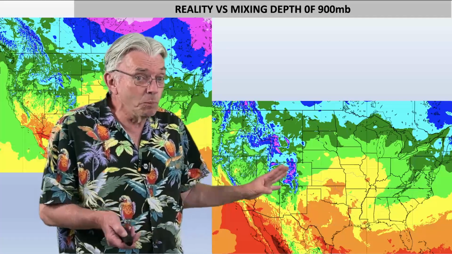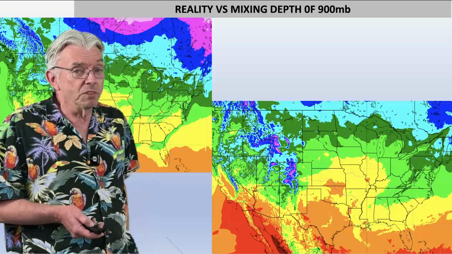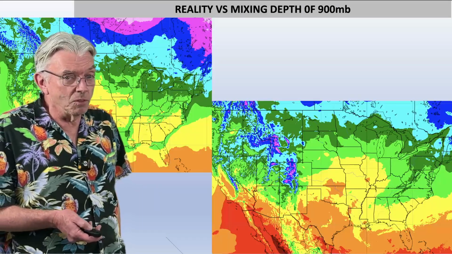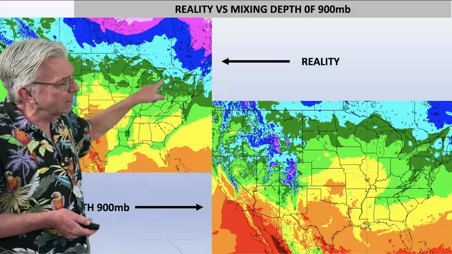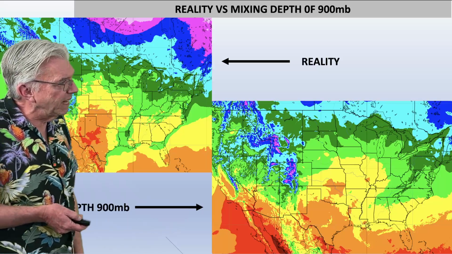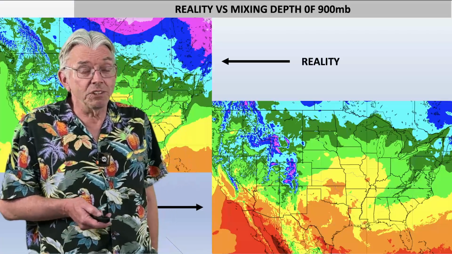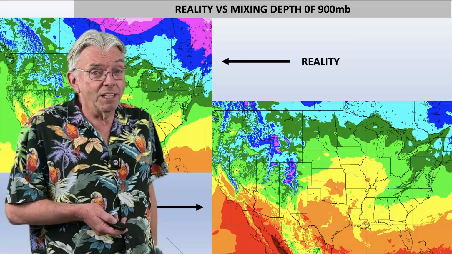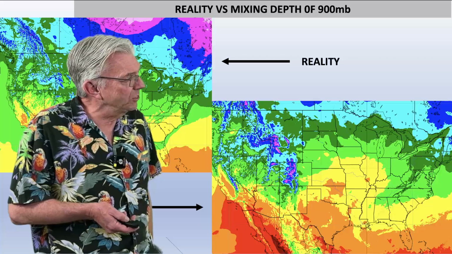It's not a duplicate, but it's definitely the closest match, much, much closer than the 800 or the 700 millibar mixing depth. So that's reality. This is the mixing depth at 900 millibars, and again, not an exact match, but pretty darn close. And when you look at the forecast soundings, the mixing depth was forecast to be right around 900 millibars. So it matched up very, very nicely.